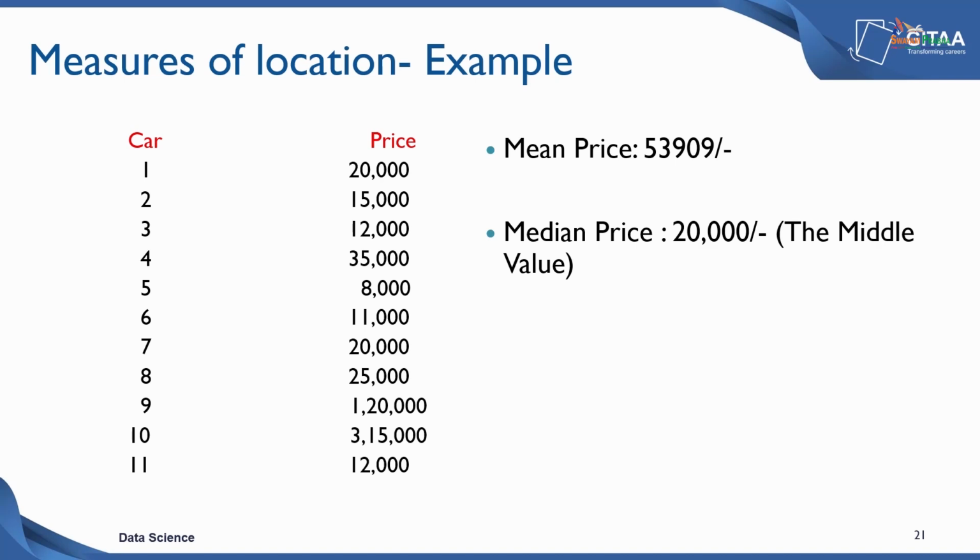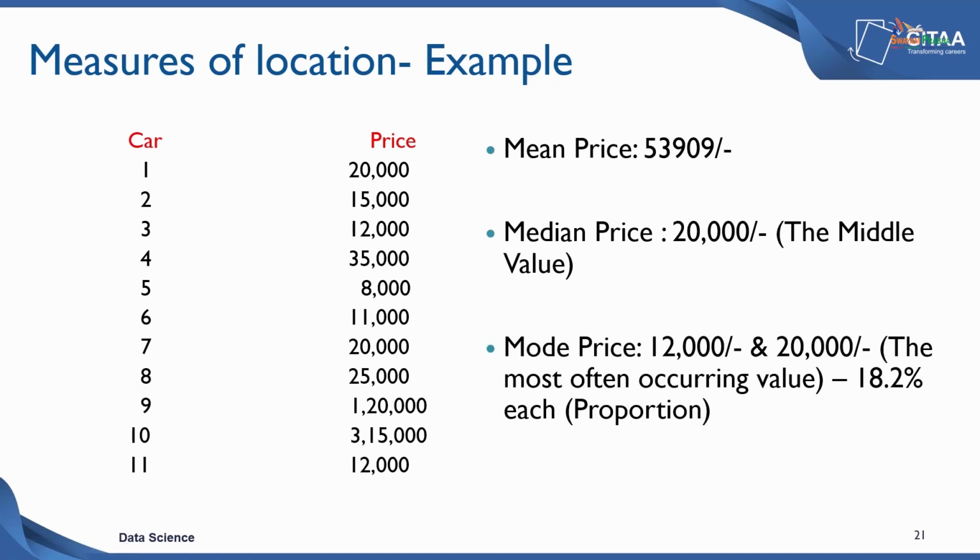There's a lot of area where there's 20,000, 15,000, 12,000, so it's much closer to the values you encounter in your data set. Of course, it's very far away from your 315,000 and 120,000, but that's only two pieces of data which the median does not represent well. It represents the rest of the data fairly well.